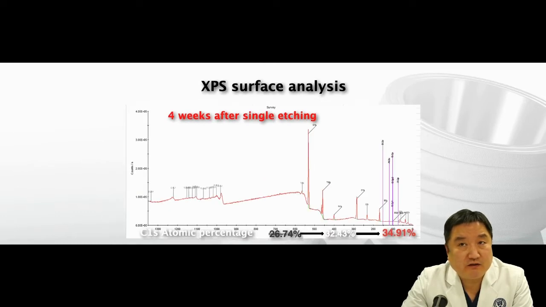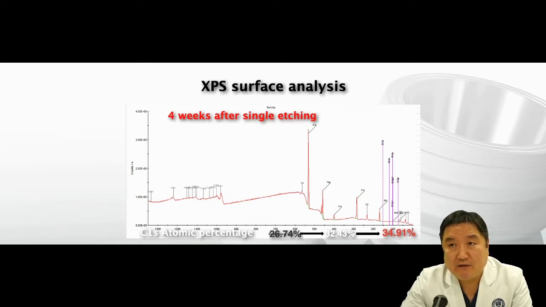After 4 weeks, it reached up to 35%. From this study, we can conclude that after manufacture of the implant, the surface will be contaminated by carbon as time goes by, which is not favorable and degrades the bioactivity of the titanium surface to the bone cells and their cell proteins, which eventually negatively influences the osseointegration process.